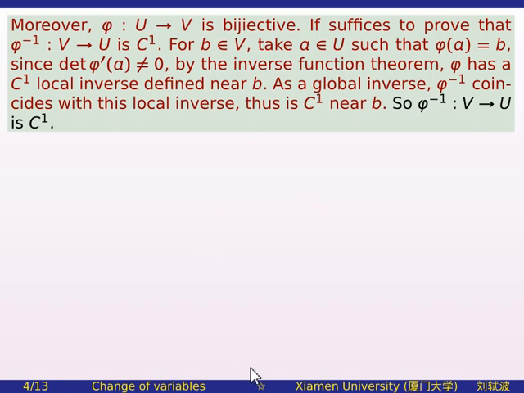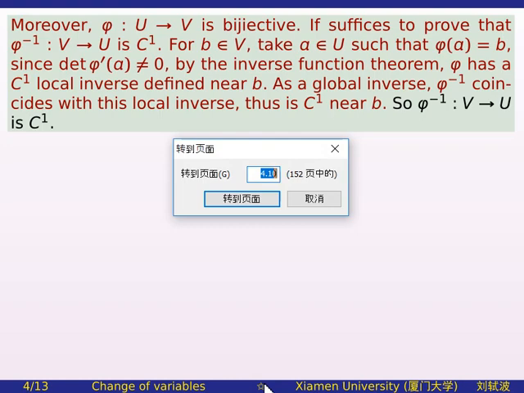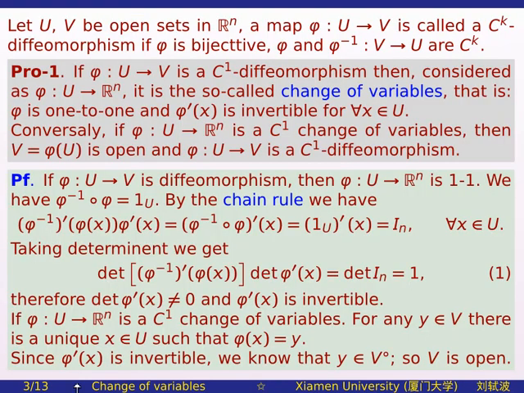For example, using this result, we can prove that V is open. In our proof that V is open, we use a corollary of the inverse function theorem.